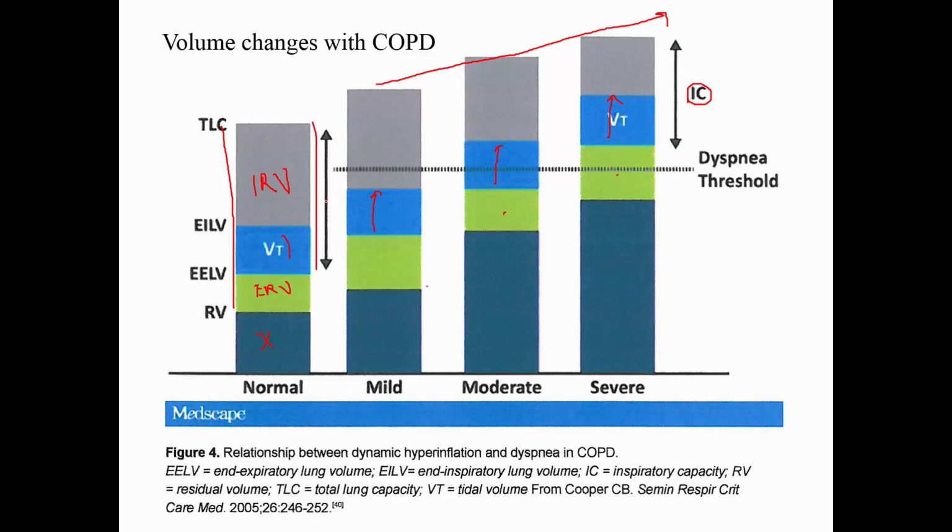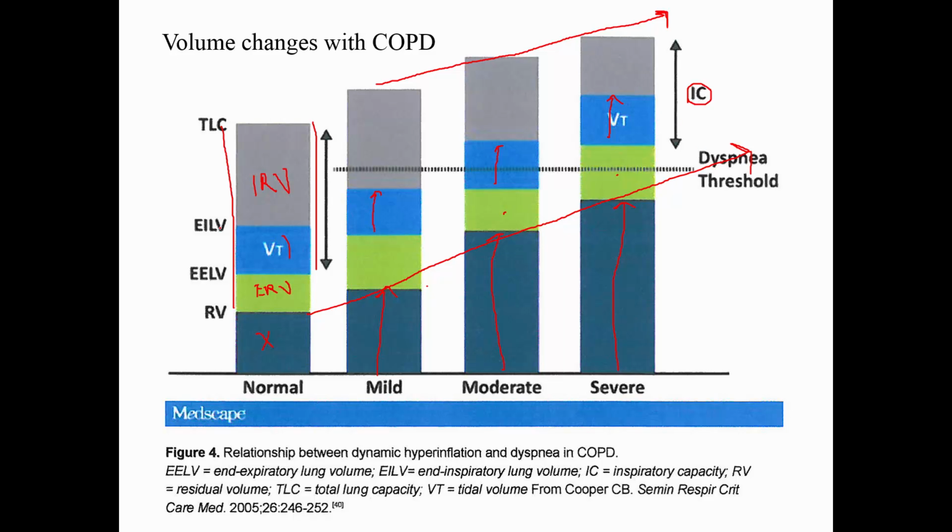Do you see how inspiratory capacity and forced vital capacity or vital capacity is getting smaller? So if the air we can move is getting smaller, but our total lung capacity is getting bigger, how the heck is that happening? Well, notice what's happening to residual volume. This person has more and more air that they cannot blow out.